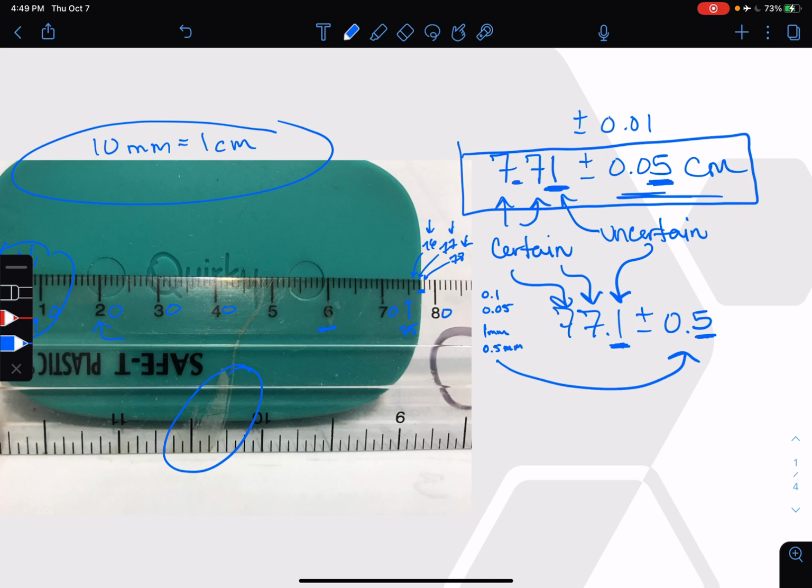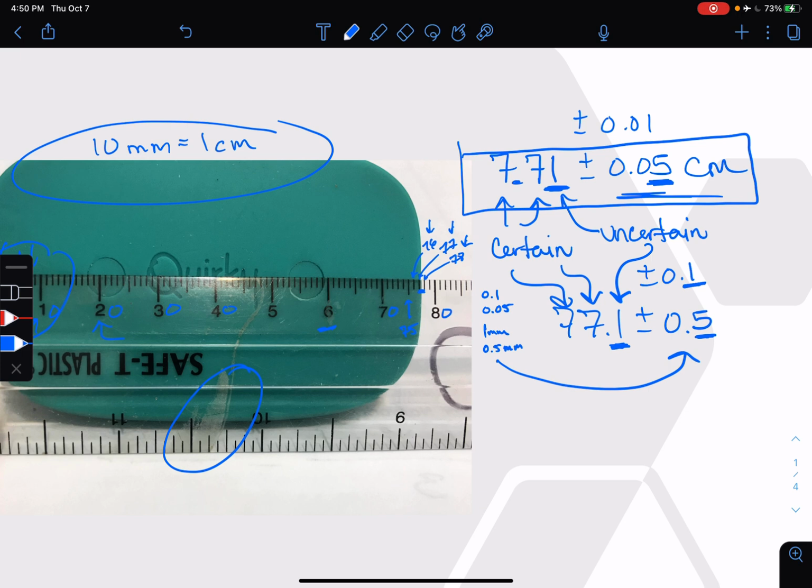Okay. And if you feel like you can see it better, then maybe you want to put plus or minus 0.1. Again, this ends in the same column, the same place where we have uncertainty in the measurement. And you're saying it's 77.1, and I'm pretty sure of my measurement.